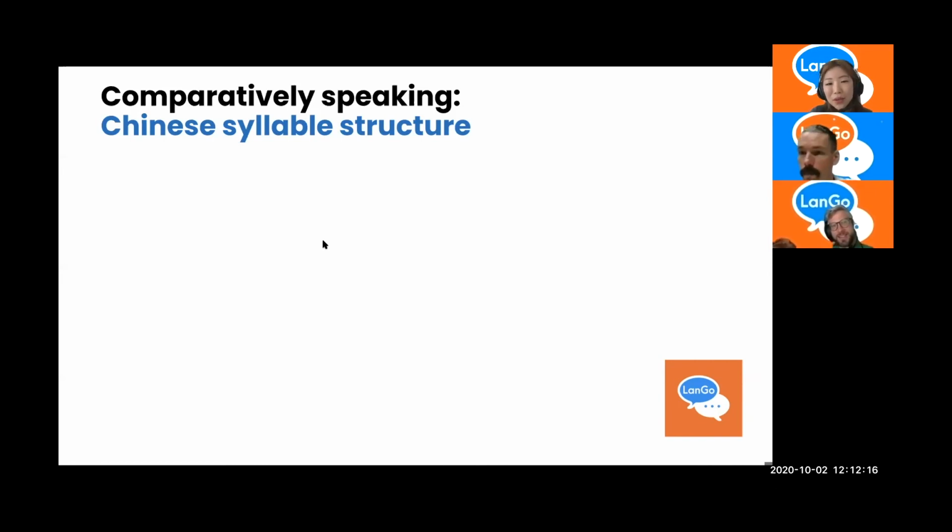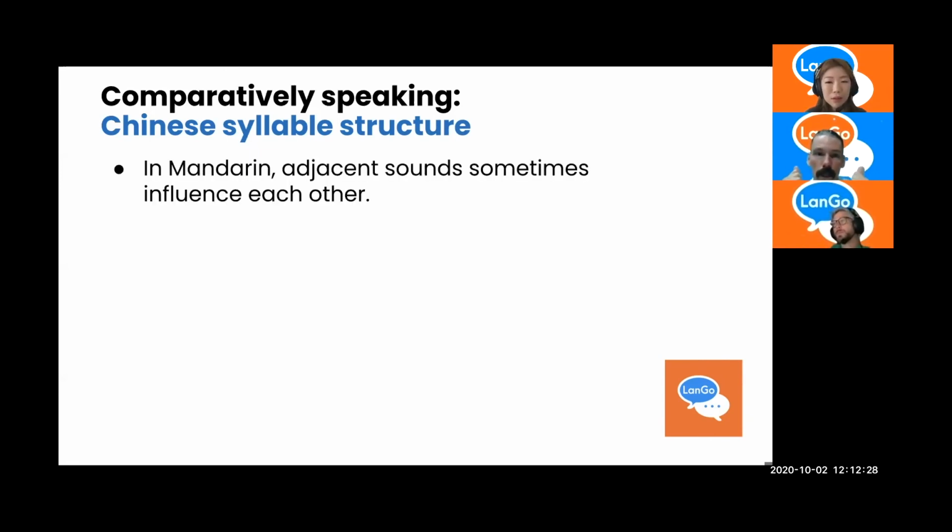Okay, turning now to Chinese, specifically Mandarin. The point I want to make in my slide here on Chinese syllable structure is that the concept of the syllable for Chinese sounds is a central thing. We're going to see some examples where you can have the same ingredients pronounced in quite divergent ways, depending on if they're spread across two syllables or concentrated into one.